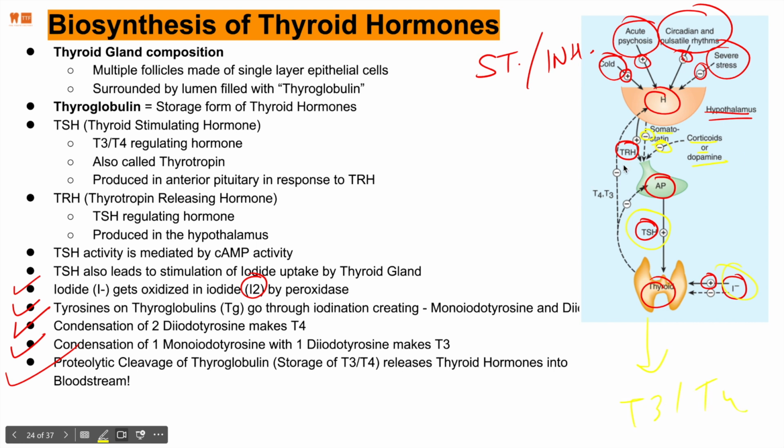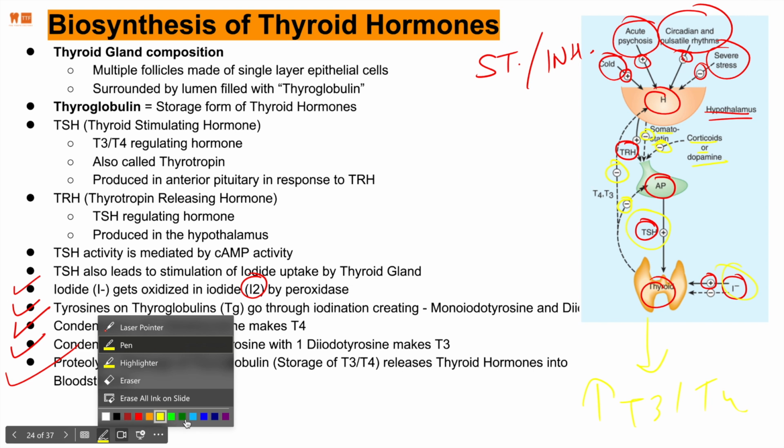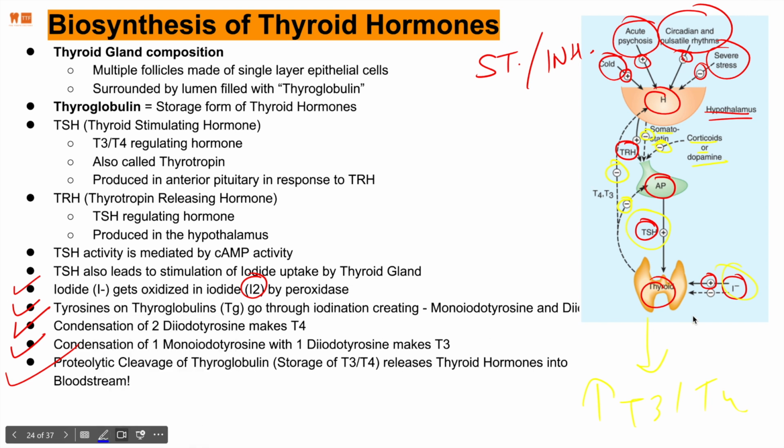Another thing is T3 and T4, increased concentrations in the bloodstream, also become a negative feedback loop on both the hypothalamus and anterior pituitary themselves, and say, sorry, I don't need a lot more TSH, please reduce it. And lastly, iodide can also have a negative feedback loop.